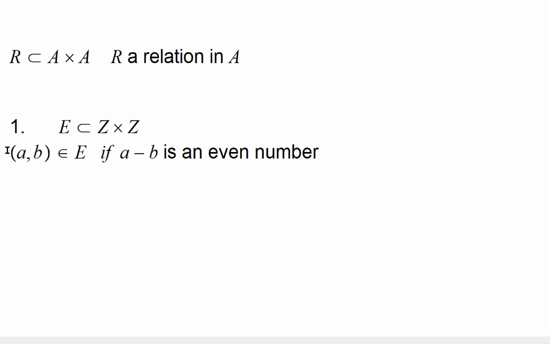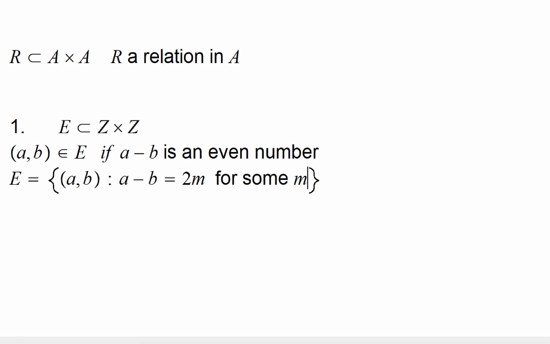We can also write E as this: E consists of (A, B), where again E is a subset of Z cross Z, if A minus B equals 2M for some M in Z. We have to mention here that E is a subset of Z cross Z.